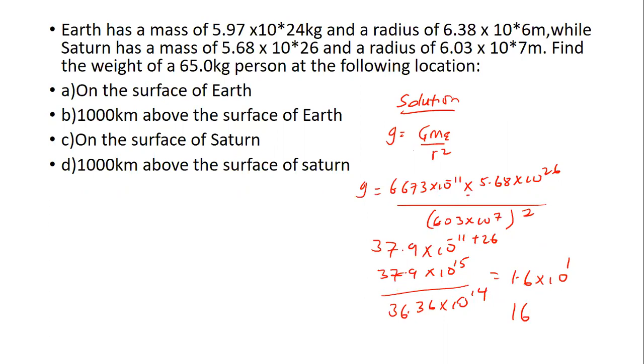So let's divide it again. Where's the mistake coming from? Let's do it again. 6.673 times 5.68 equals 37.90. Okay, that's intact.